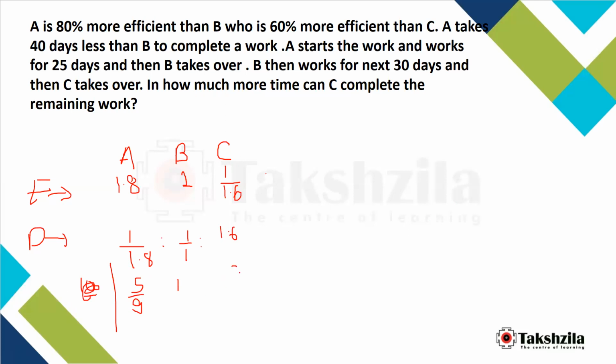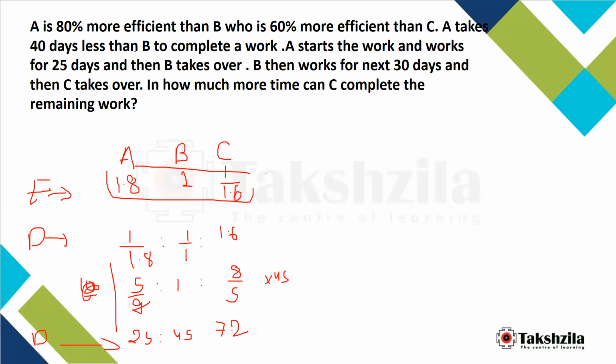Now you have to remove the denominator part. The LCM of 9 and 5 is 45, so multiply with 45. This gives 25 for the first, 45 for the second, and 72 for the third. So this was the efficiency ratio, and now here we got the number of days ratio.